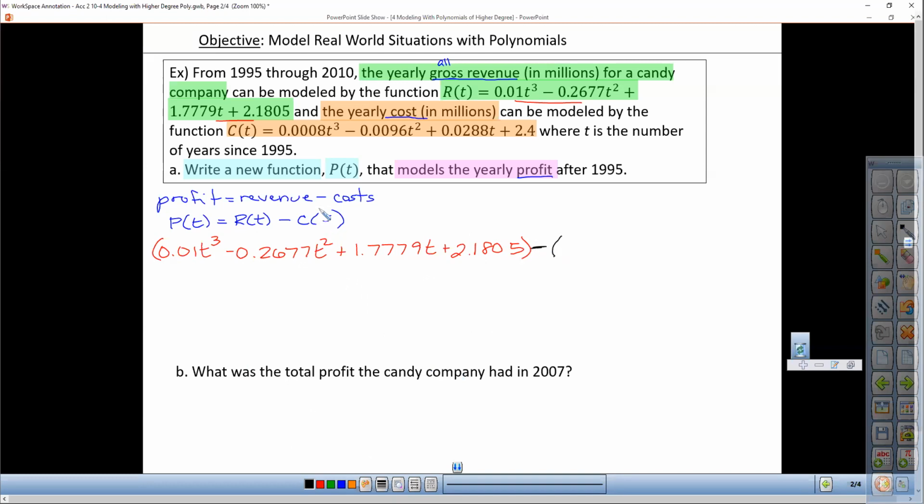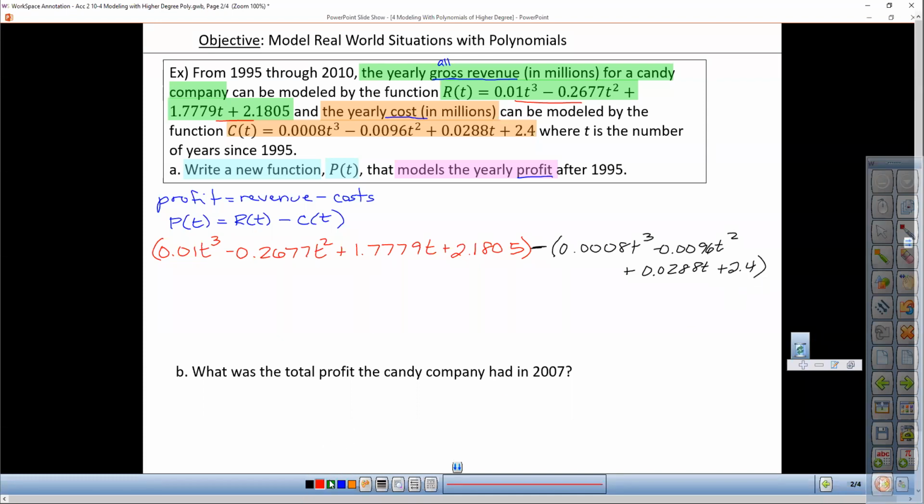So now I'm subtracting the costs. So I'm subtracting all four of these terms: 0.0008 t cubed minus 0.0096 t squared plus 0.0288 t plus 2.4.